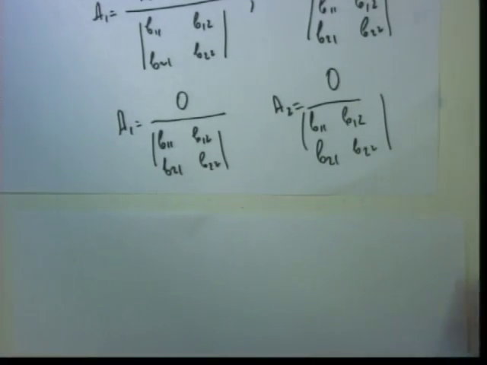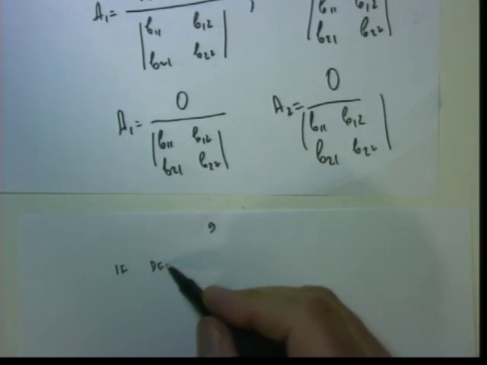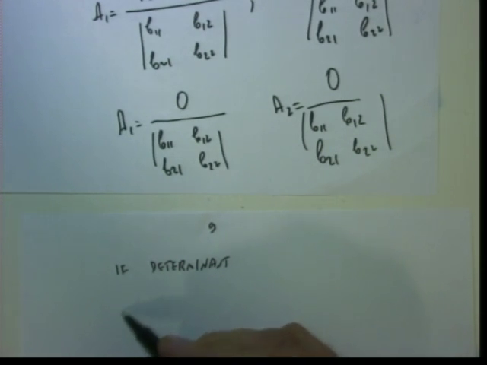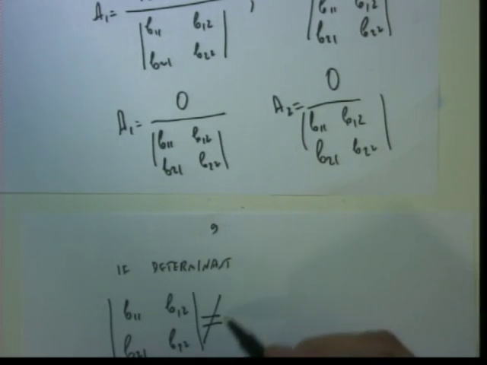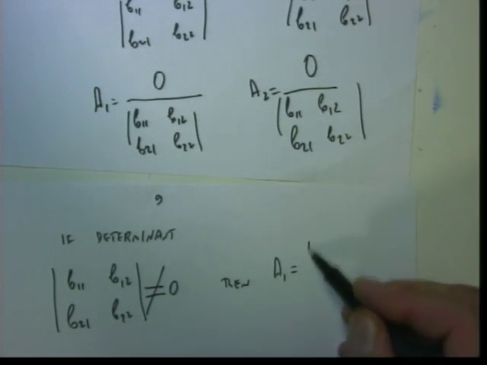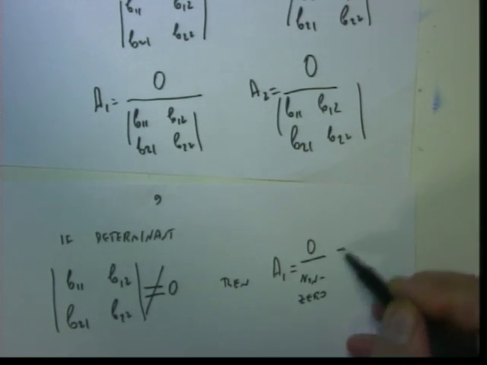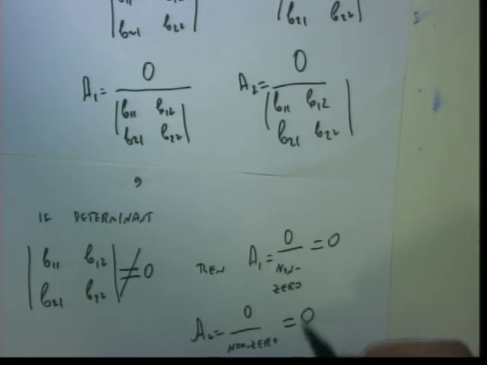Okay, now that means that if the determinant B11, B12, B21, B22 is not 0, then A1 equals 0 divided by non-zero, which will be 0. And A2 will be 0 divided by non-zero, which will be 0.